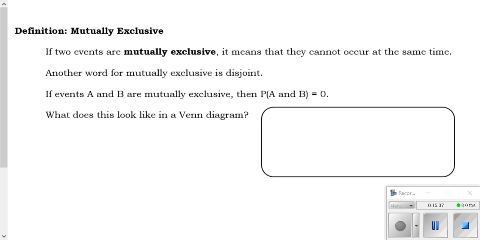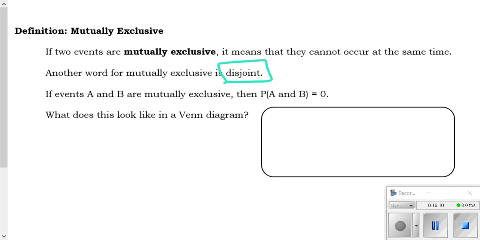So if two events are mutually exclusive, it means that those two events literally cannot both happen. So another word for mutually exclusive, as I just mentioned, is the word disjoint. Okay, there we go. And if A and B are mutually exclusive, that means that their probability together, both of them happening, is 0.